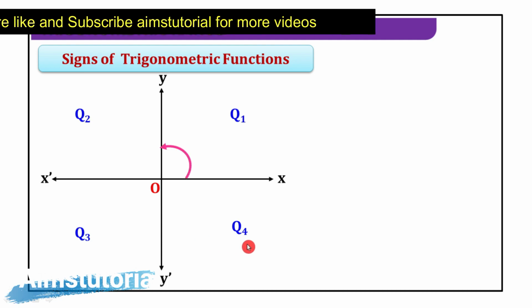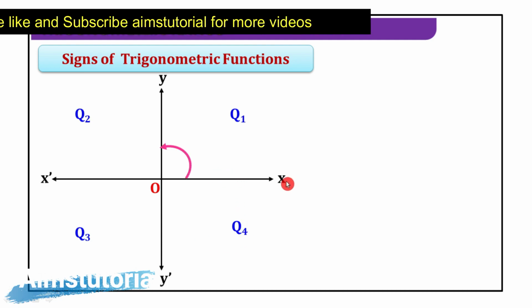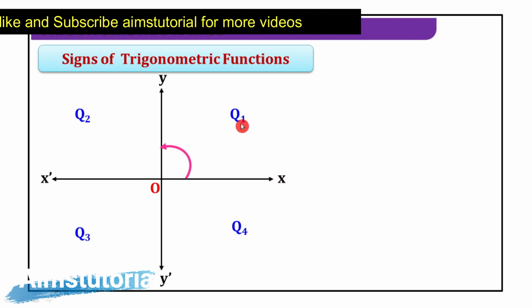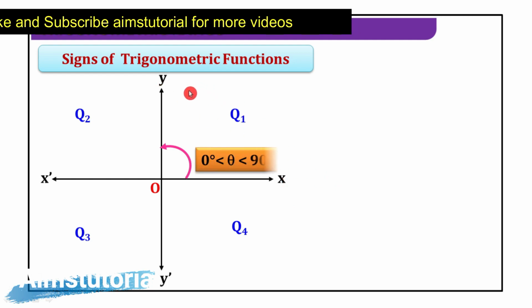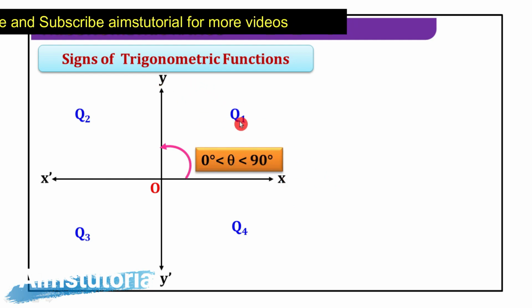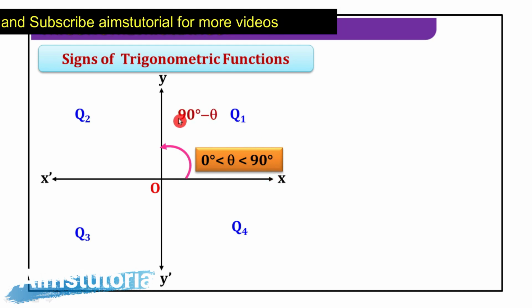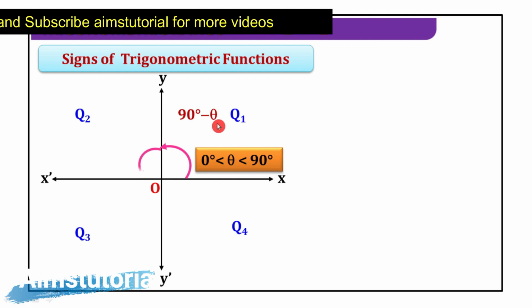The first quadrant is defined between the x-axis and the y-axis, so Q1 is from 0 to 90, or we can write 90 minus theta.